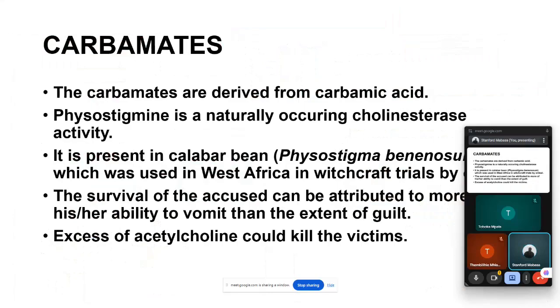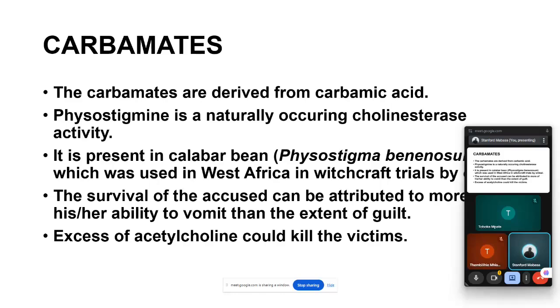Carbamates, another interesting group. The carbamates are derived from carbamic acid. Now there is a substance known as physostigmine, which is a naturally occurring cholinesterase inhibitor.